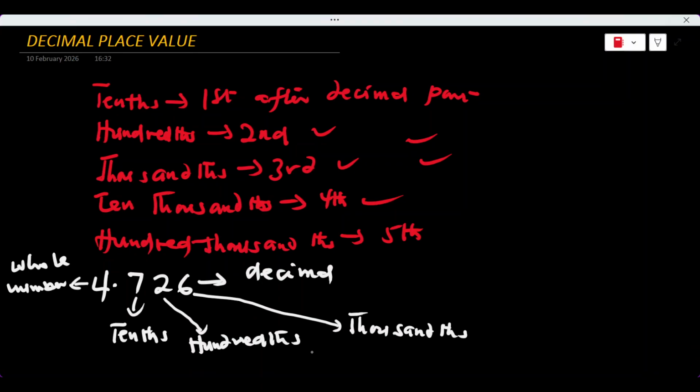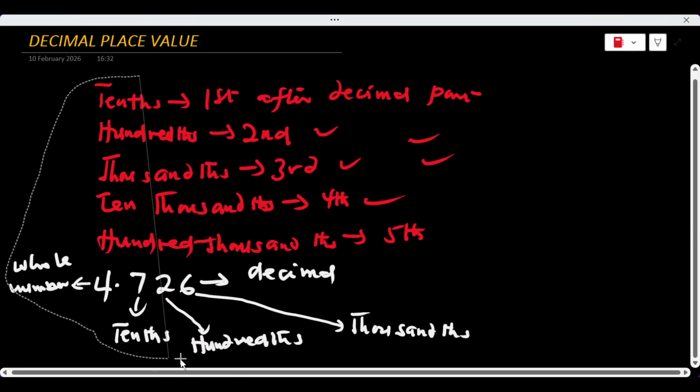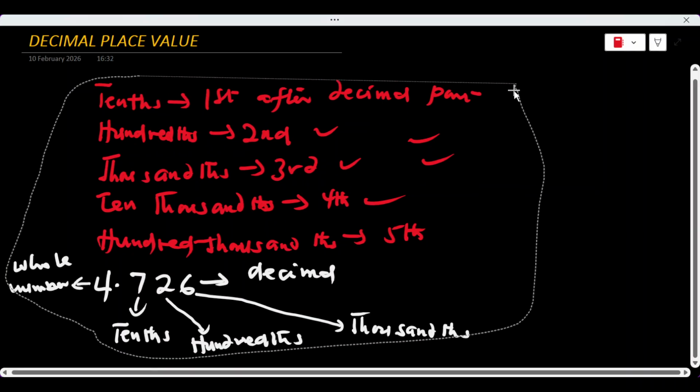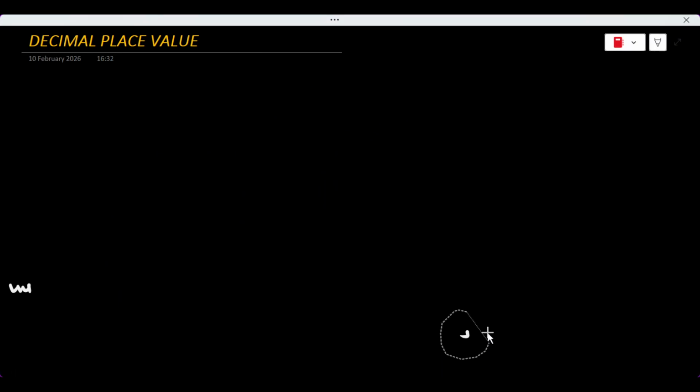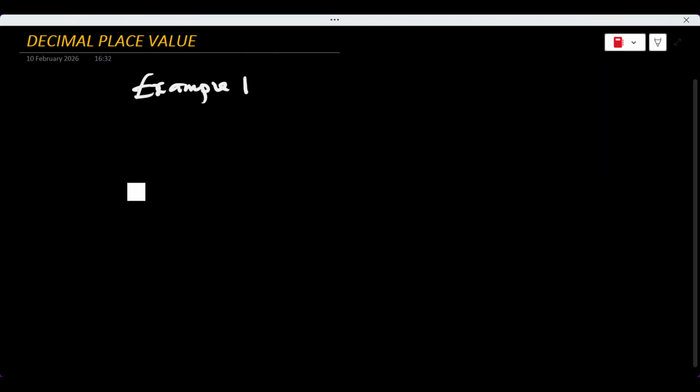We are going to look at some examples so that it will help us understand the concept better. The first example is 0.3.